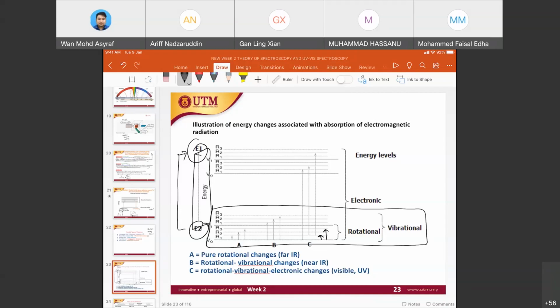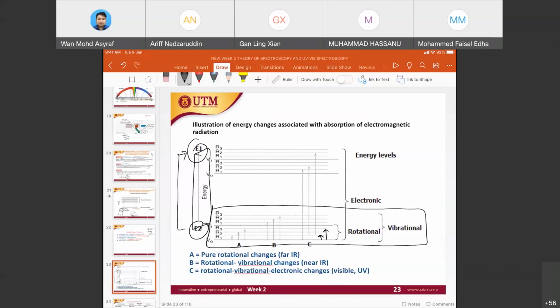Okay, now, all of those transitions need energy to become excited. All of them need energy to become excited. But how much energy is needed?